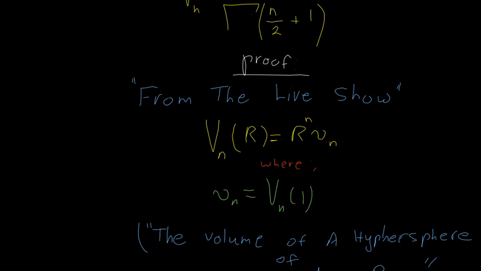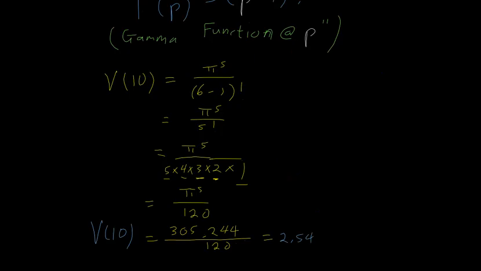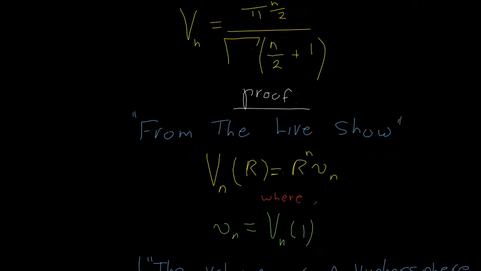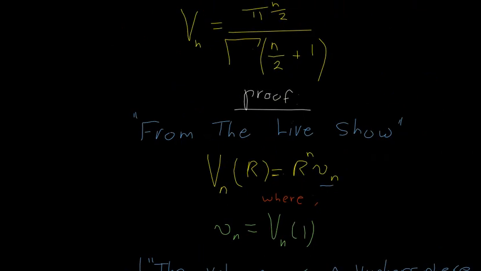I'm going to give you some hints here. First off, in the proof, V sub n of R is equal to R to the n times nu of n. How do I know that? As you already know, there was a certain pattern that we figured out: V sub n of R is equal to k times R to the n, or mu sub n, some constant times the radius to the nth power.